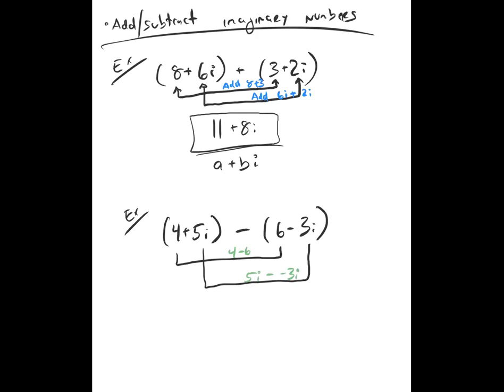So what do we get? We get a negative 2 plus 8i. Let's get it in that proper form. Looking okay so far? Okay. Cool.